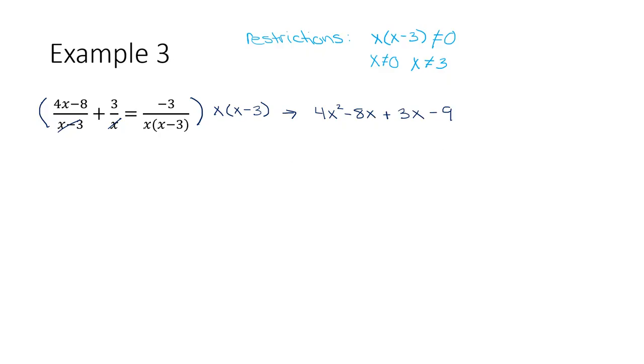And then here both factors cancel, so this is just equal to negative 3. Okay, so now I'm going to combine my like terms and add my 3 over to get this set equal to 0. This would be minus 5x. Negative 9 plus 3 is negative 6.